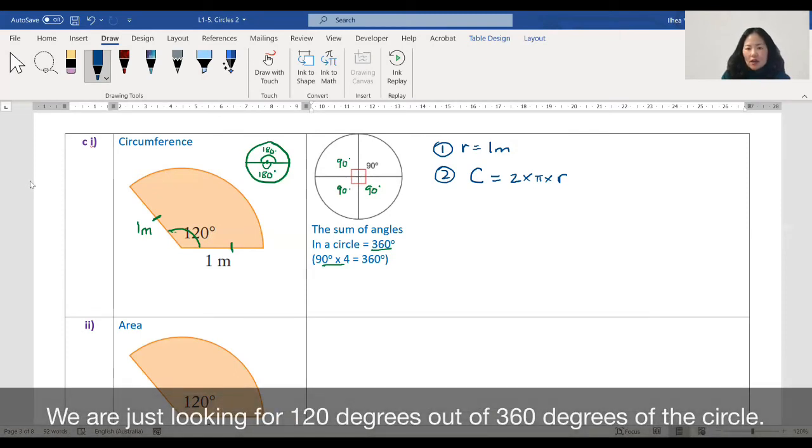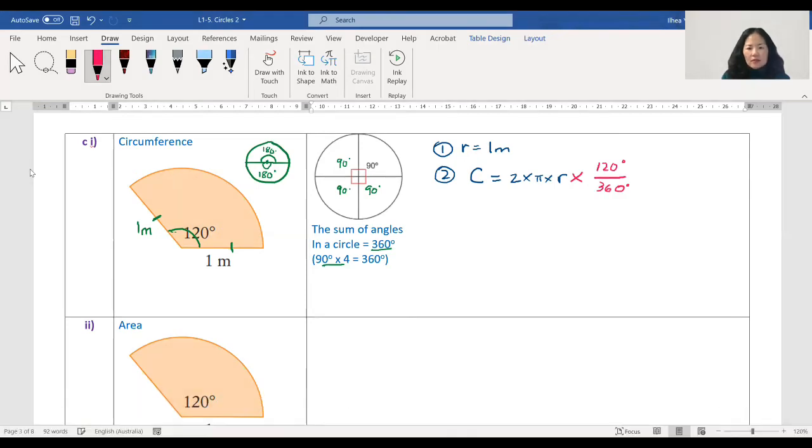So this time we're going to use times by, not divided by, times by 120 degrees out of 360 degrees. That's the only thing we're going to look at. Okay, we're not looking at a whole 360 degrees. We're only looking at 120 degrees, because the diagram says only 120.